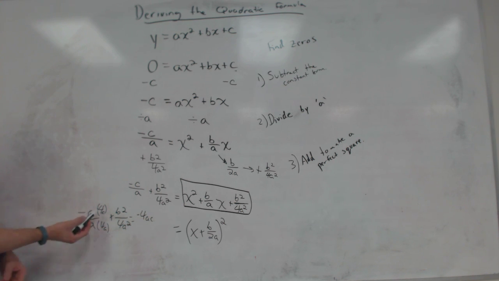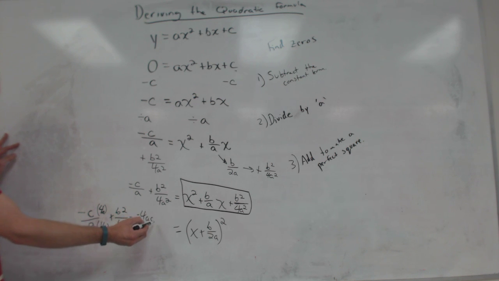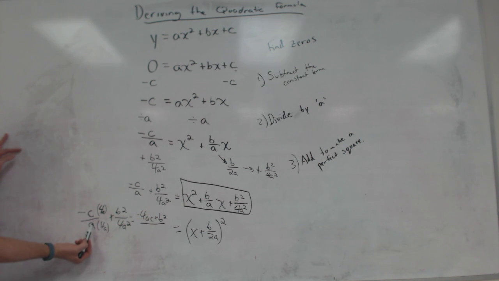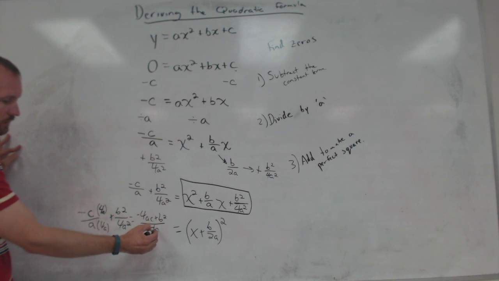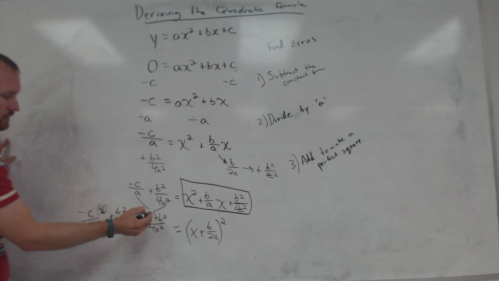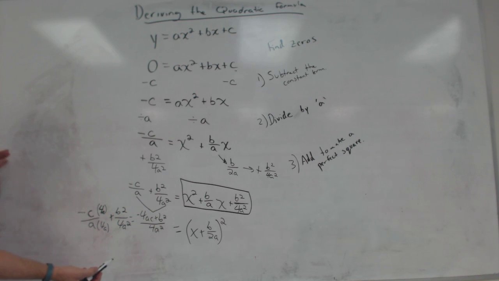So here's my negative, here's my 4, here's my a, here's my c. I multiplied all those together to get negative 4ac plus b squared over, this is a times 4a, which is the same as 4a squared. So my denominator is 4a squared. All I did was combine these two fractions to get one fraction.